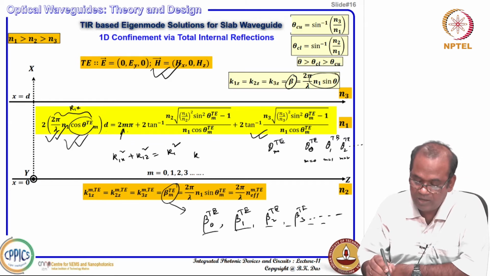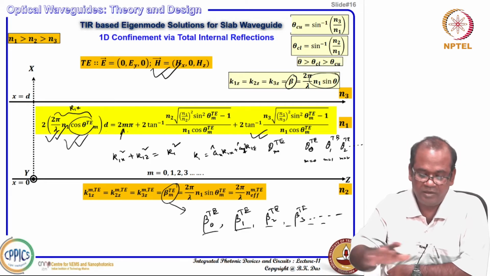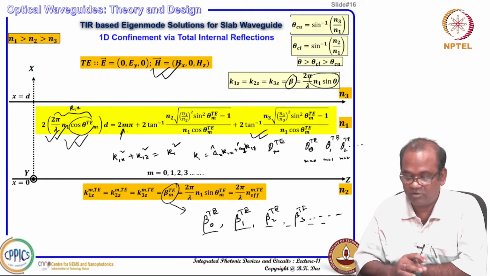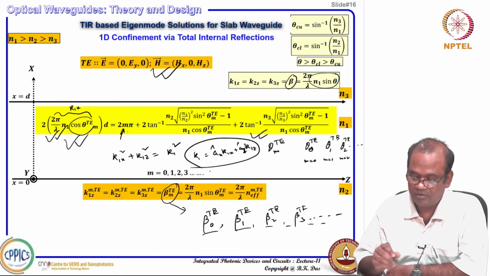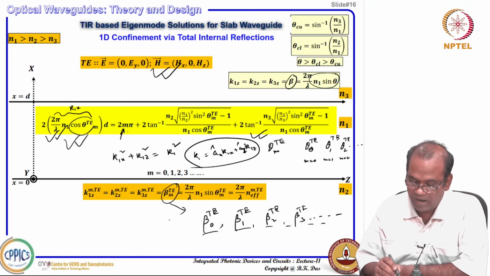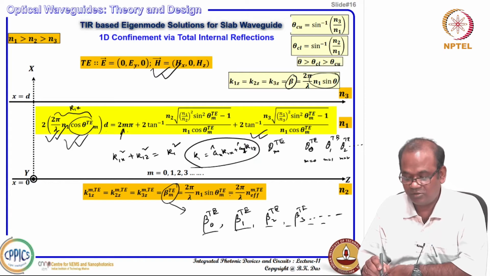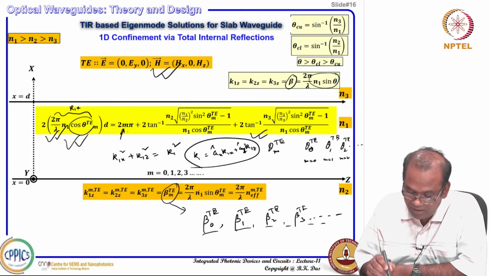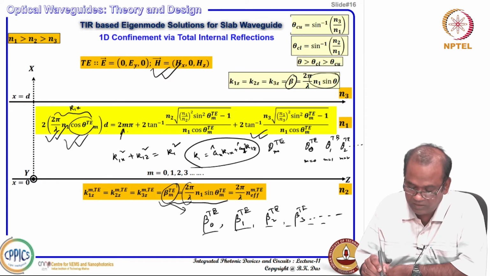because k1 is equal to, you have ax k1x plus az k1z. So, in the xz plane you are considering the k vector, right. So, I can get a propagation constant also, and whenever I write the 2 pi by lambda times n expression for beta, it is 2 pi by lambda n1 sin theta m.